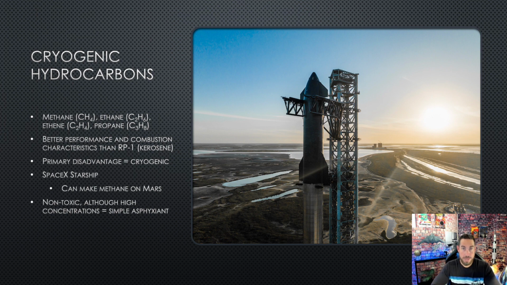All of a sudden, you're making your own fuel, and now you've made enough propellant to come back to Earth. So it just makes the most sense to use a fuel that you can actually make on the surface of Mars. The other fuels, you really can't do that. So that's the whole decision-making process behind using methane here.